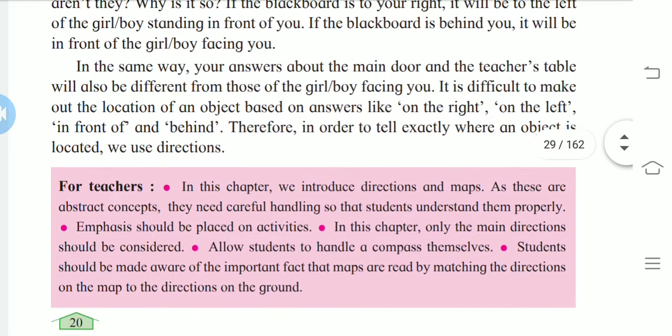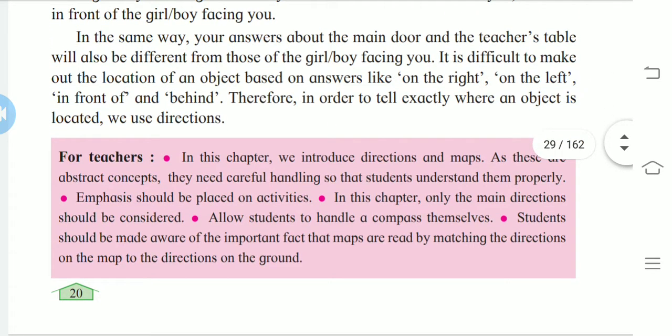Now there are directions, instructions given for teachers in the pink color box. Let's read them. In this chapter, we introduce directions and maps as these are abstract concepts. They need careful handling so that students understand them properly. Emphasis should be placed on activities.